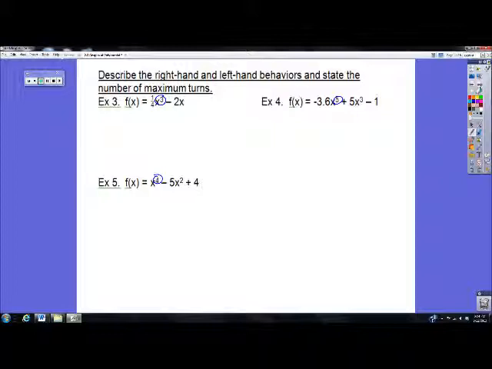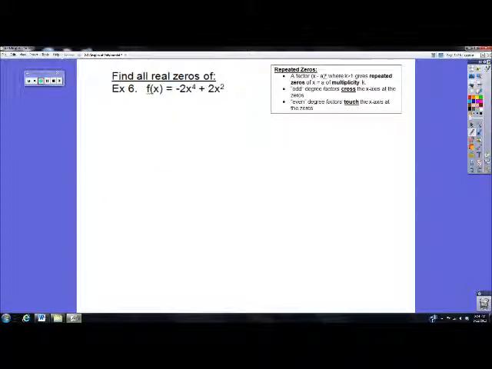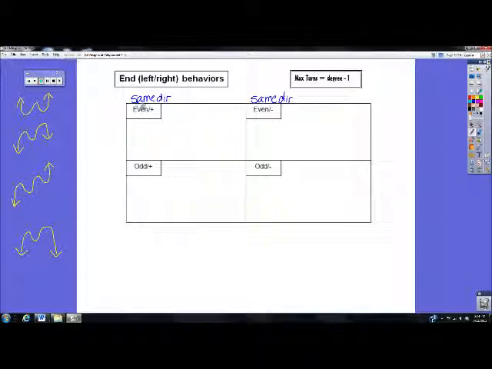So that would tell me, sorry about that, let's go back. An even degree with a positive coefficient means that the left side is going to go up and the right side is going to go up. Even telling me the same direction, positive telling me up. Okay, even degree, same direction, negative telling me both sides will go down.